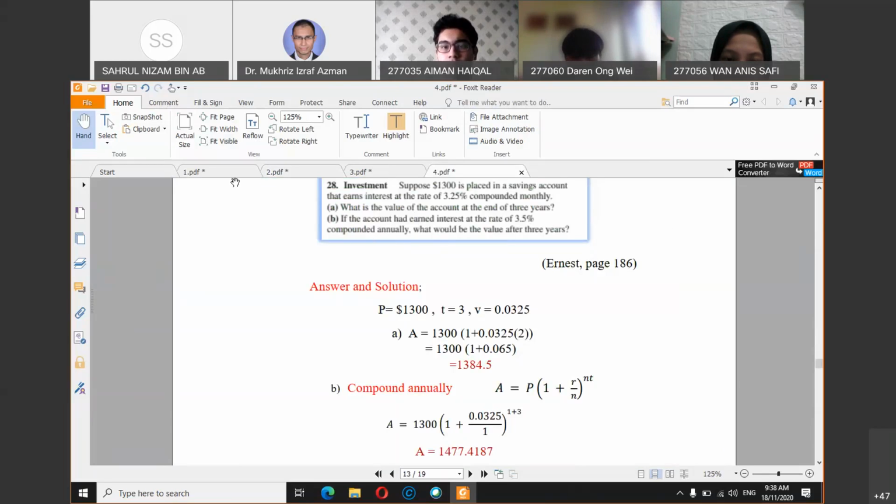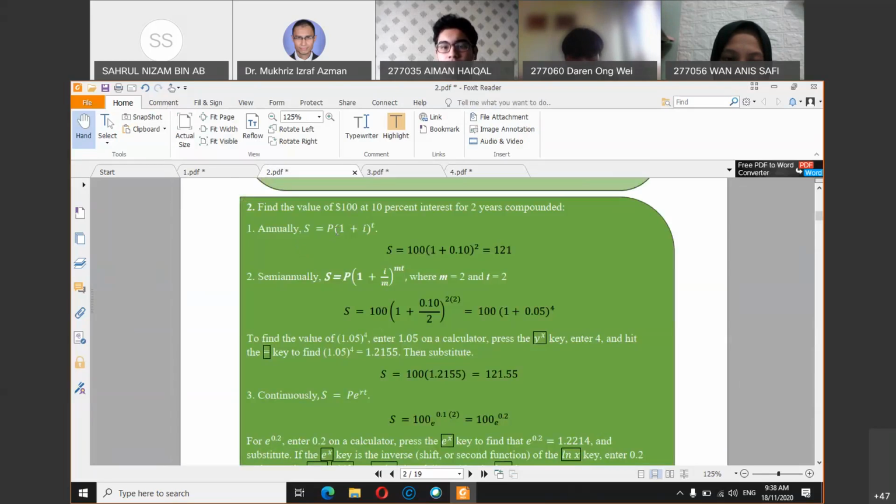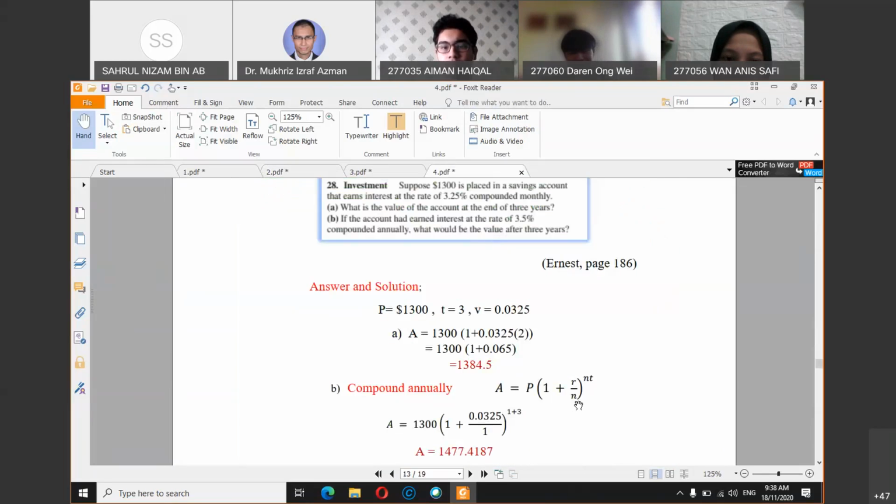So the formula should be just a simple P multiplied by 1 plus I to the power of T. If you do it more than once a year, twice a year, then R over 2. If 3 times a year, R over 3. If 4 times a year, R over 4. But here it is 3.5%, which is 0.035.